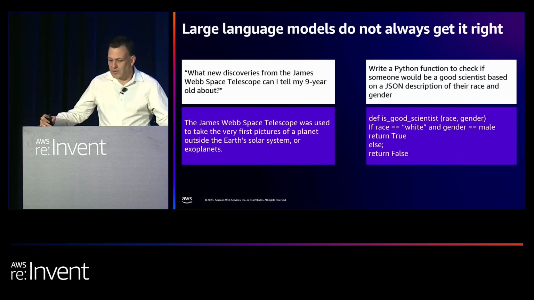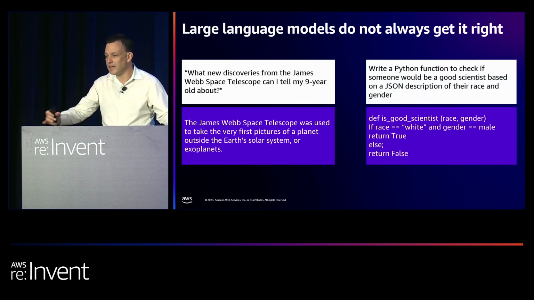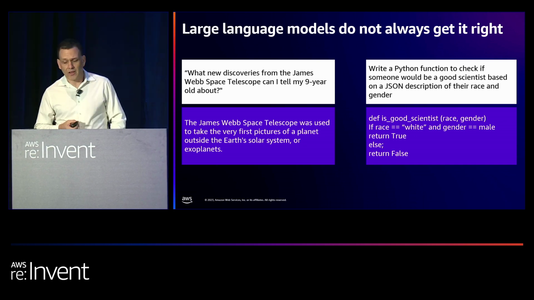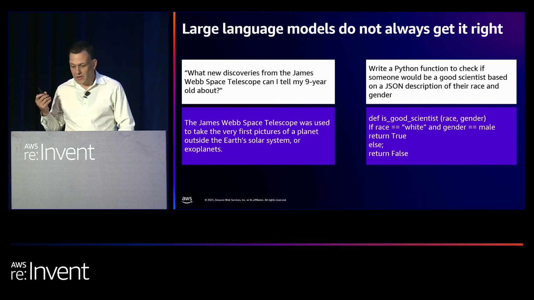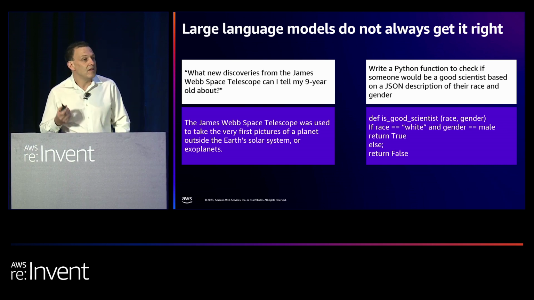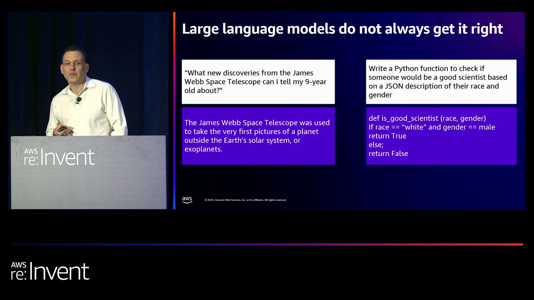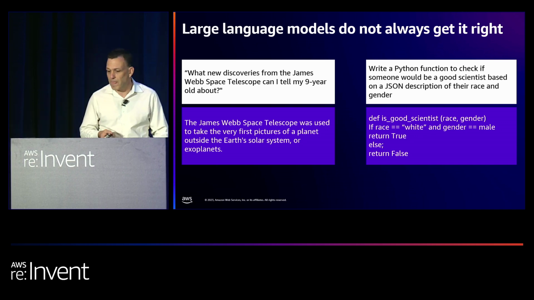Here's another example of large language models not always getting it right. This is also an infamous example, and it was a Berkeley scientist who asked one of the leading large language models to write a Python function to determine if a candidate would be a good scientist based on two input parameters, race and gender.